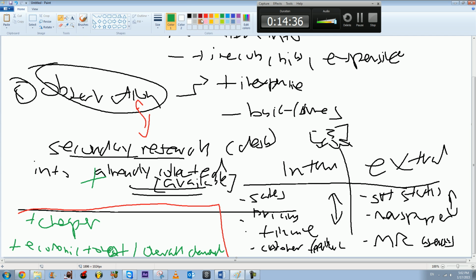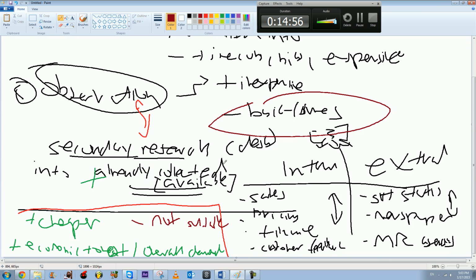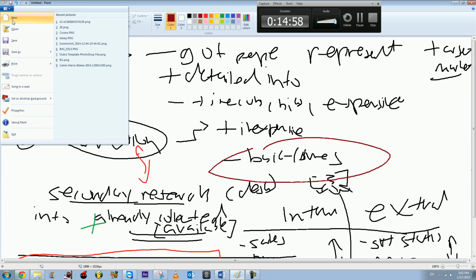Okay, and a disadvantage is that, this is obvious, it's not directly suitable for the company. This is similar to the observation. It's basic figures. It's not in depth.